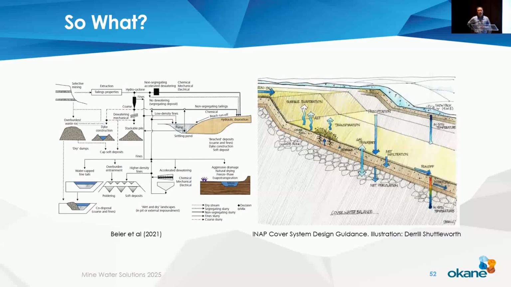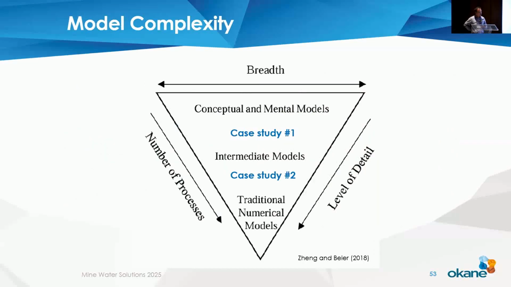So why are we talking about this? Because in almost every report or study you read, there are diagrams of what we perceive as a conceptual model. So why do we need a better conceptual model? Well, there's that transition when we build our conceptual or mental model.